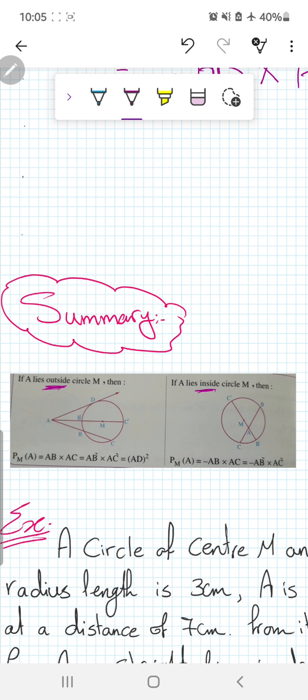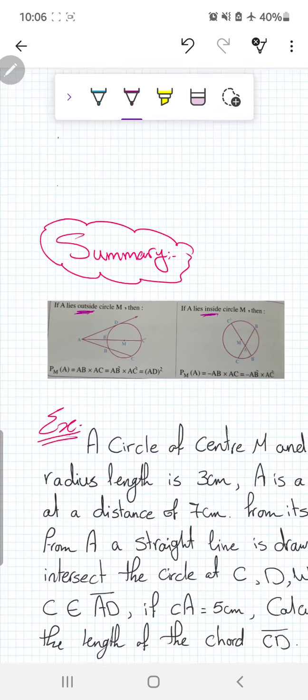If A lies inside the circle, we have negative AB times AC, or AB dash times AC dash. Okay, we have an example.